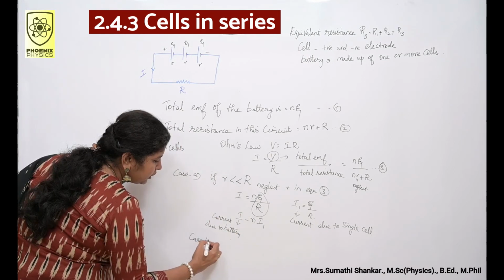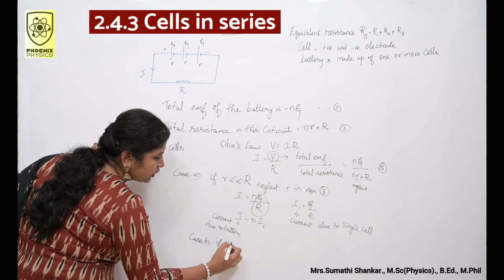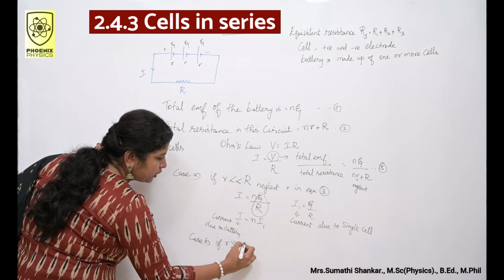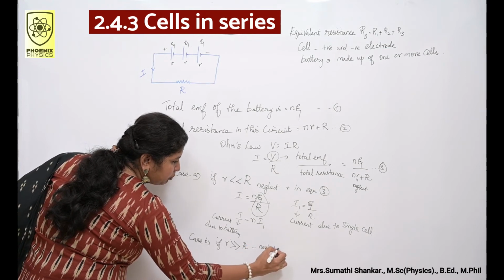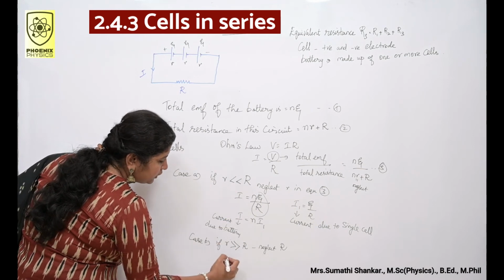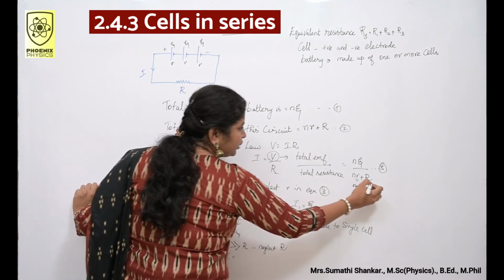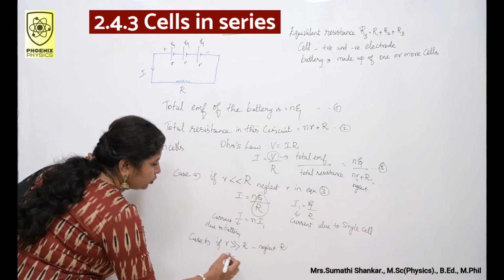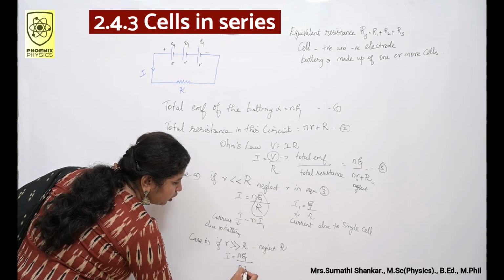Case B, here if small r is greater than capital R, just neglect capital R. Then how do you write equation 3? That is I is equal to, here you neglected this one, n Xi divided by n into small r.